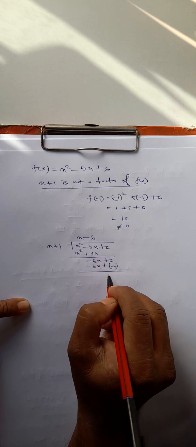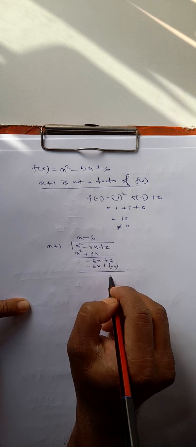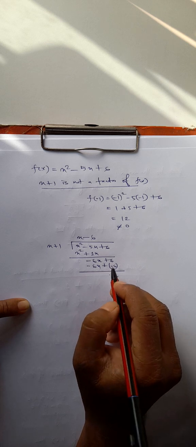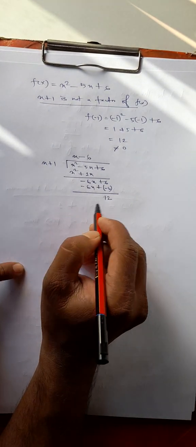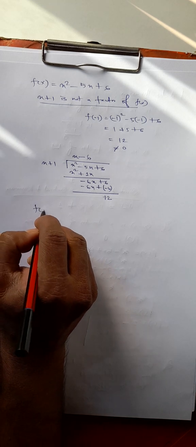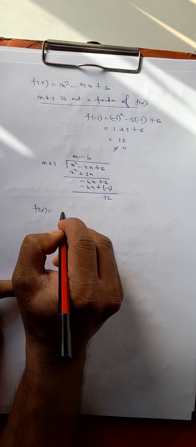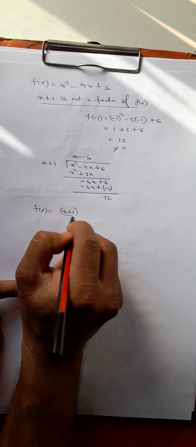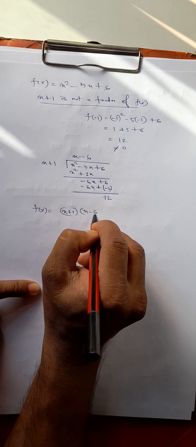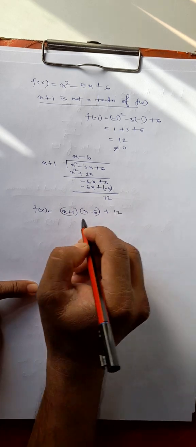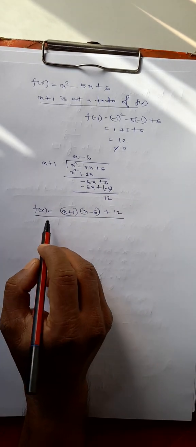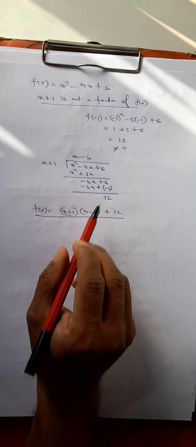After subtracting this, you get remainder 12. This is a constant polynomial. So f(x) equals (x plus 1) into (x minus 6) plus 12.